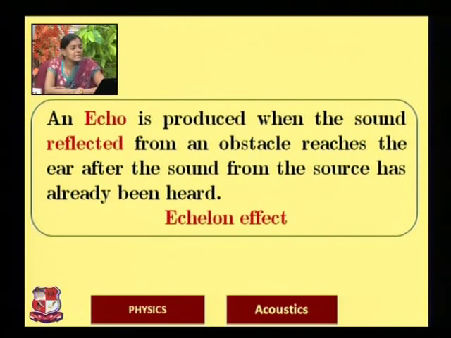The related effect is another one, the echelon effect. You may have seen in an auditorium or in cinema halls that the sitting arrangement is on stairs, a staircase-like sitting arrangement, on which there are some carpet materials. Why?